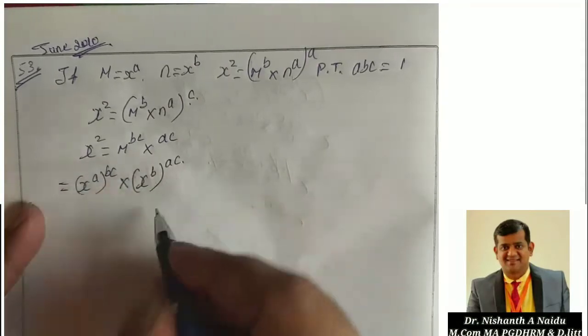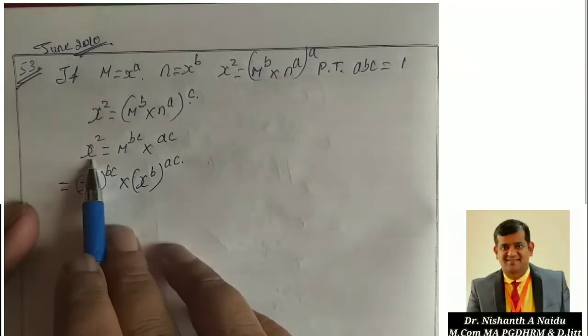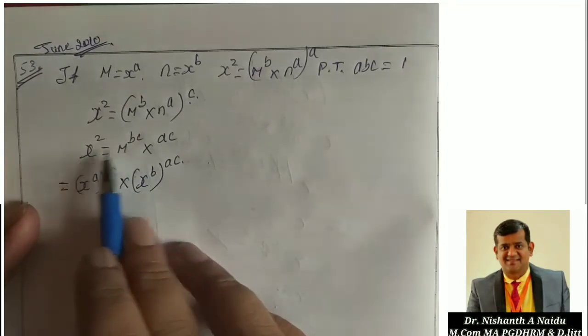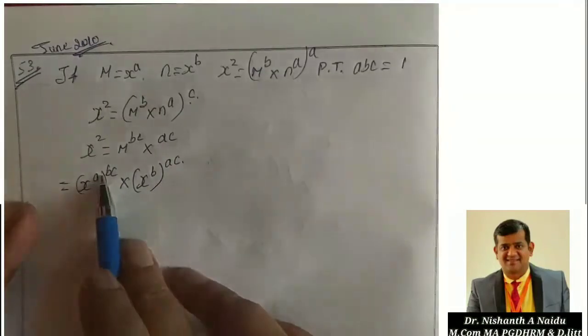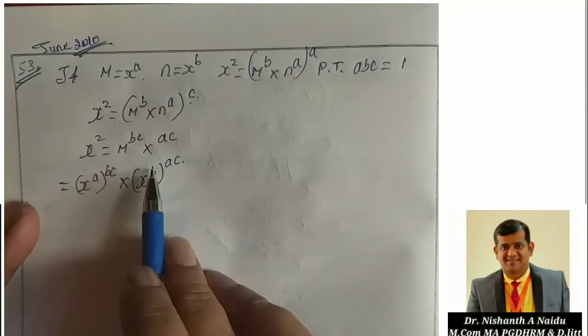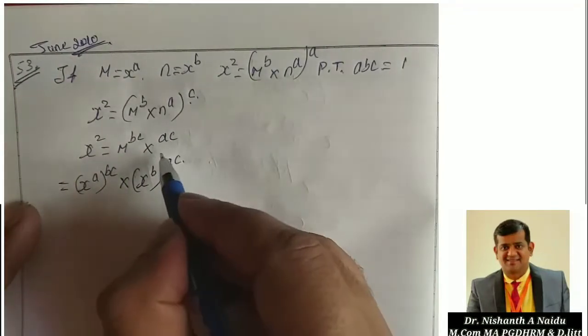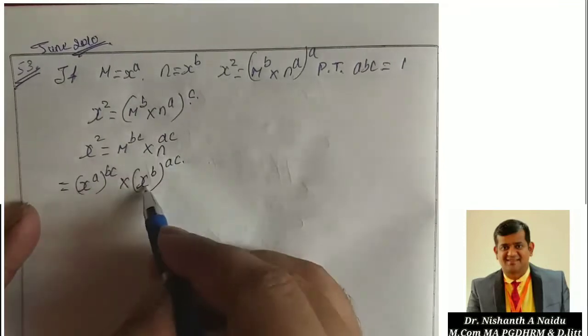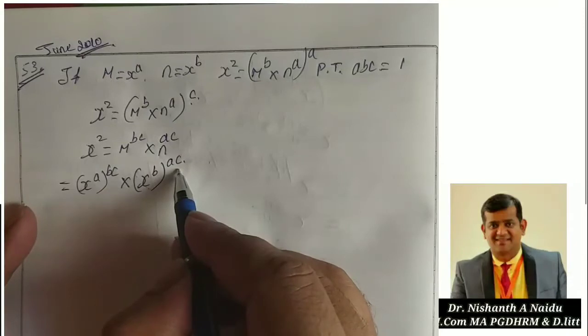I have just done the substitution. Because m is x to the power of a, I have converted m to the power of bc as x to the power of a into bc, and whatever he has given for n, that I have converted into x to the power of b into ac.